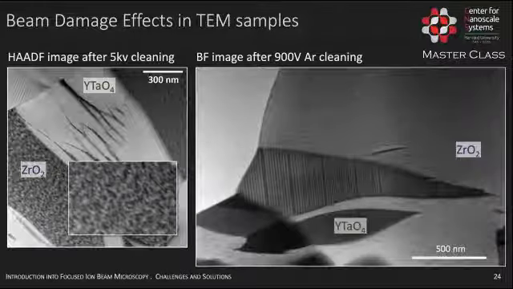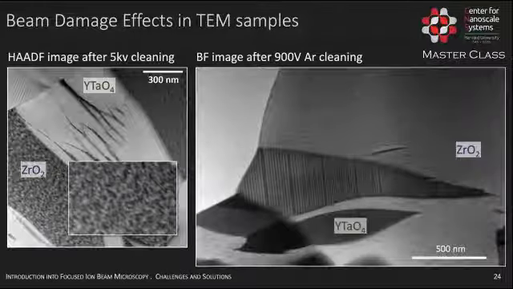And when we say cleaning, if you want to do this efficiently, we really need to work with voltages that are way below 1 kilovolt. So we want to be underneath a kilovolt. We do this with a dedicated instrument that allows us to focus argon beams at low voltages onto the FIB sample.